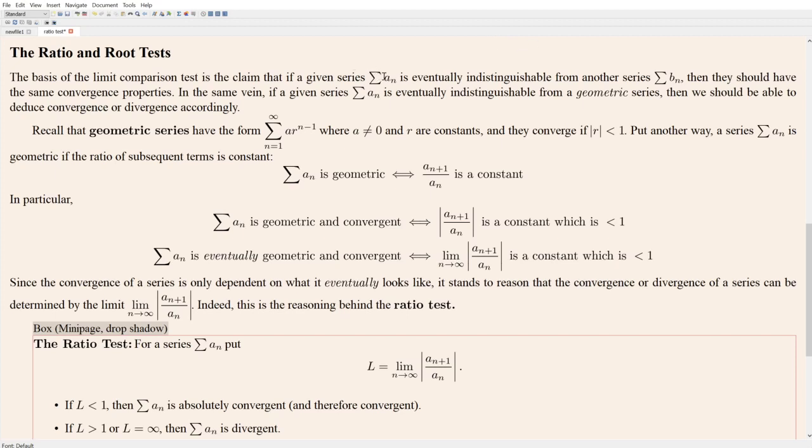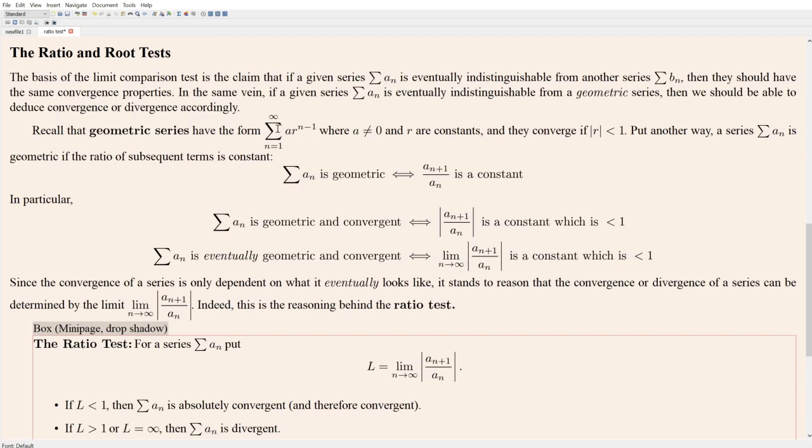So if the series that we are looking at is eventually indistinguishable from a geometric series, that's some very useful information to have. So that is what these tests are going to try to determine: whether the series you've been given is eventually indistinguishable from a geometric series or not.